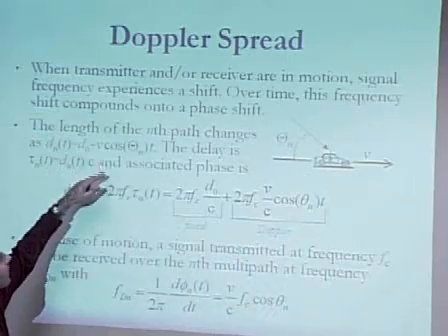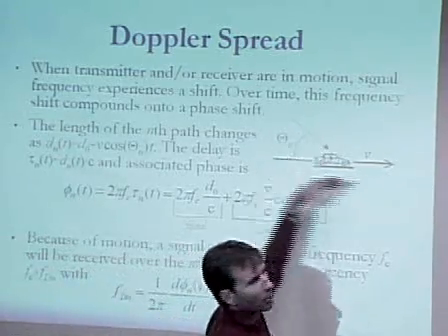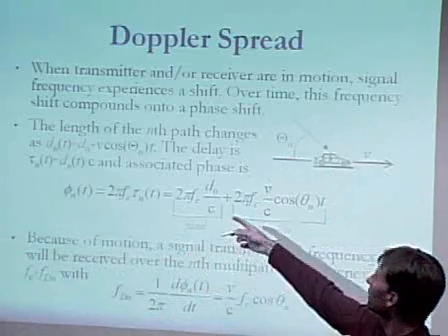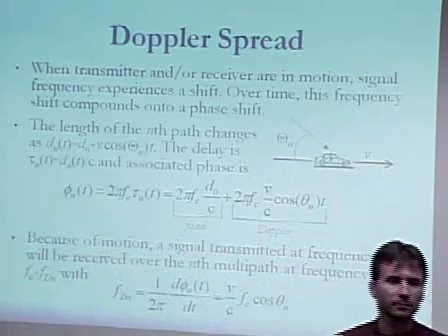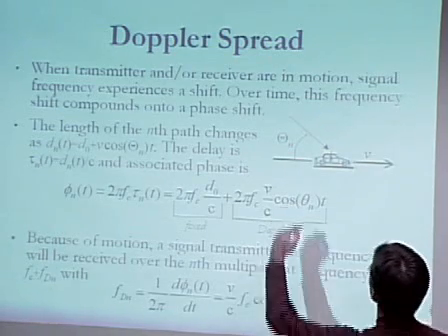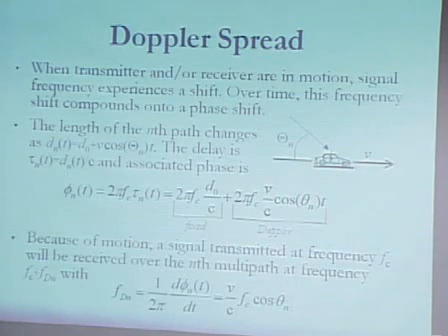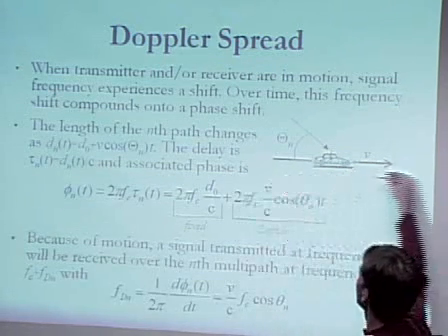For example, if the wave is arriving perpendicular to the motion, the length of the path does not change. On the other hand, if the path is lined up with the motion, it changes very fast, because you're exactly speeding away from the transmitter, so the increase in length is maximum.